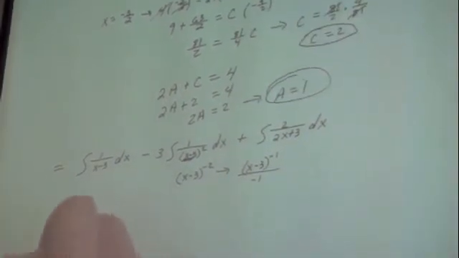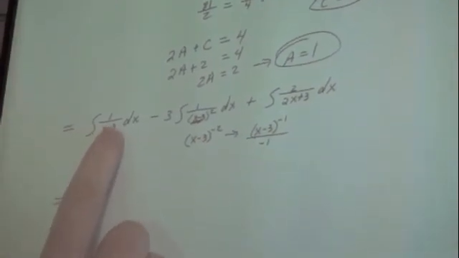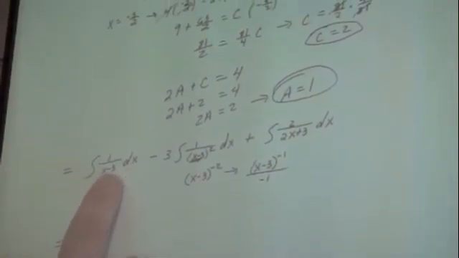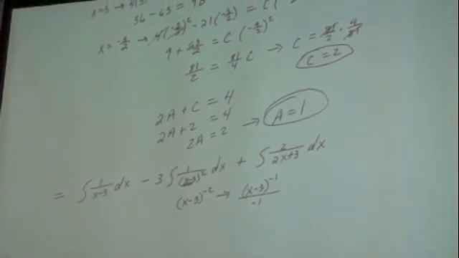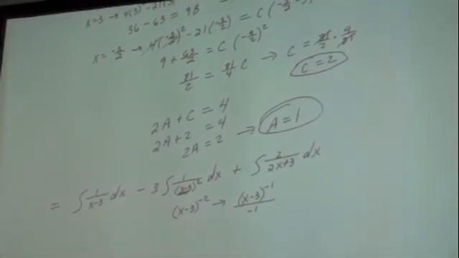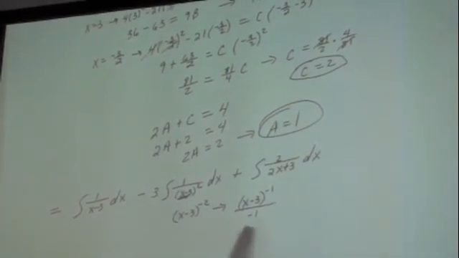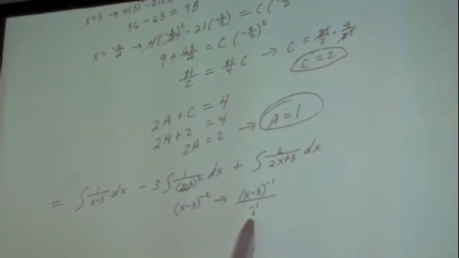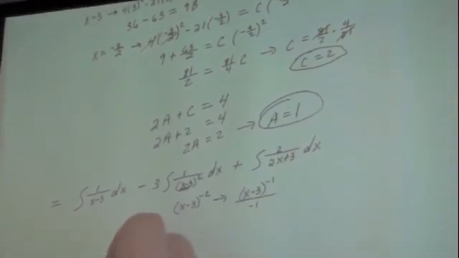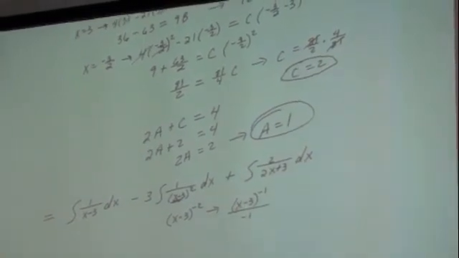So now I should be able to simplify this first term. Anytime the derivative of the denominator is in the numerator, natural log of the denominator. This second one, it's going to become negative 3 divided by negative 1, so plus 3. And this x minus 3 to the negative 1 becomes x minus 3 in the denominator.